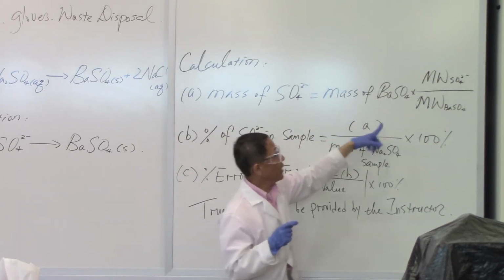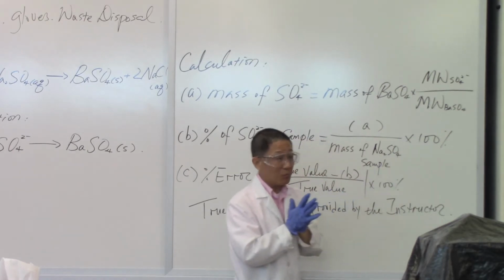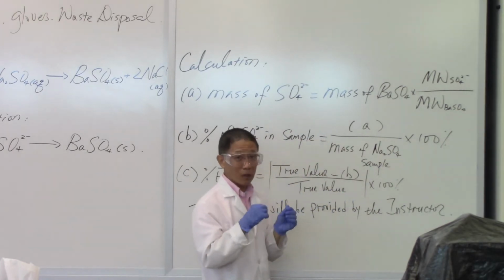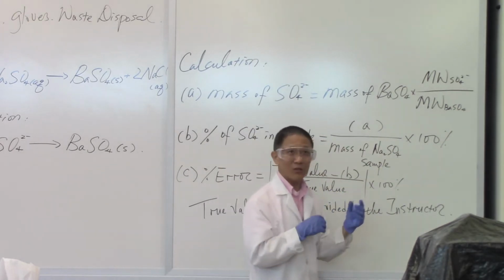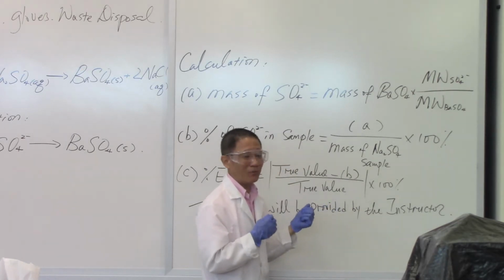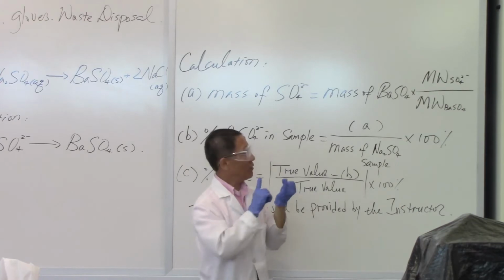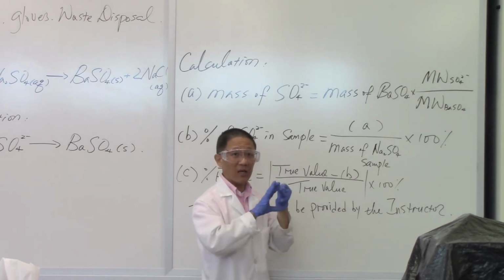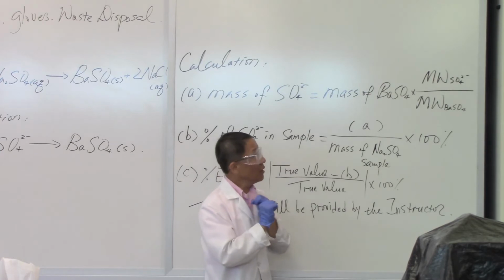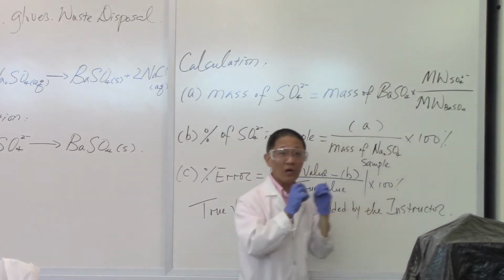We multiply that by the MW, molecular weight. Really, I should say MM, molecular mass, right? So MW for SO4 2-, we have 1 sulfur, 4 oxygen, add everything from the periodic table together, and we get the molar mass for the sulfate ion.